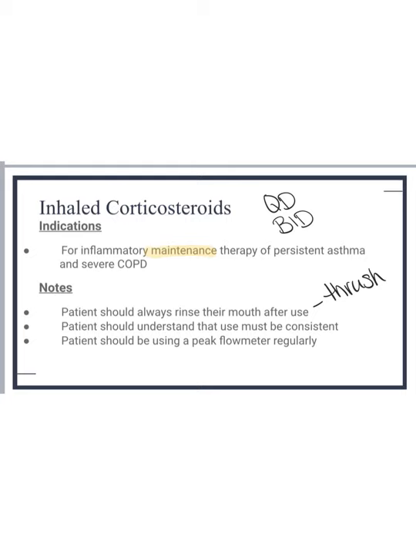And patients who have persistent asthma or severe COPD and require these drugs should be using a peak flow meter regularly, especially your asthmatic patients, because we want to see where they're at. Are they in their green zone? Are they in their yellow zone? Are they in their red zone? How often are they having symptoms? So they should be keeping track of all of this.